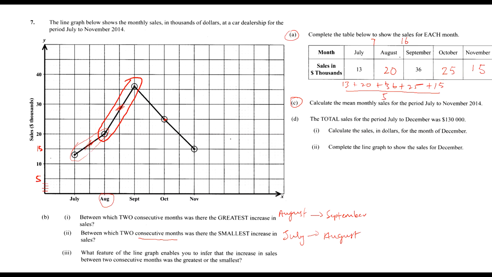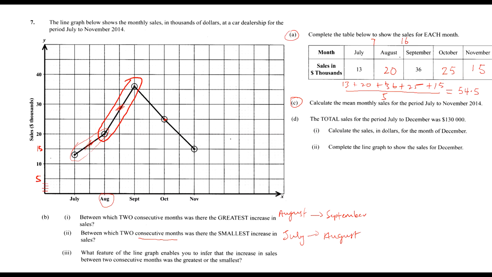So we're going to divide that by 5, and what does that give me? So 13 plus 20 plus 36 plus 25 plus 15, we get 109. So 109 divided by 5 gives me 54.5. Alright, so the mean monthly sales is 54.5, right?